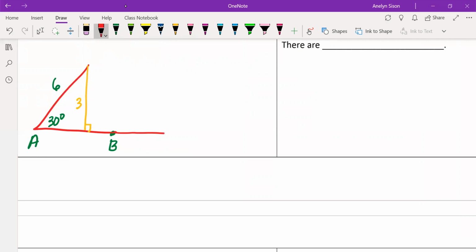So definitely there's one triangle. I can position that triangle over here. So that's one of the triangles I can see. That one is the acute triangle. If I highlight that triangle, this is our acute triangle.